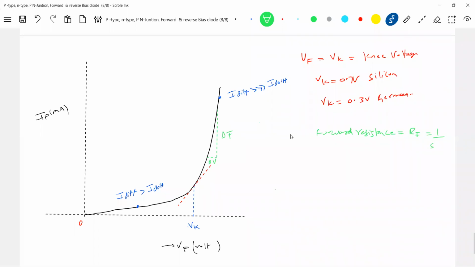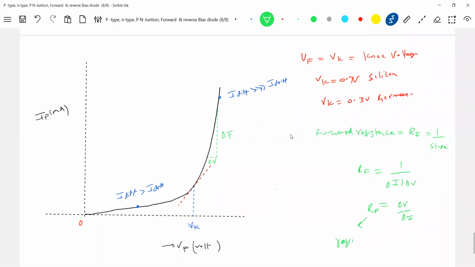This is 1 by slope, so it is delta V by delta I. We have to calculate the forward resistance. This is the resistance offered by the ohmic region.